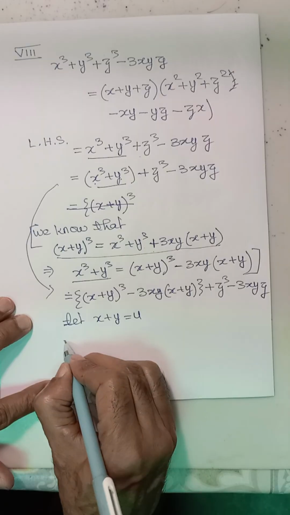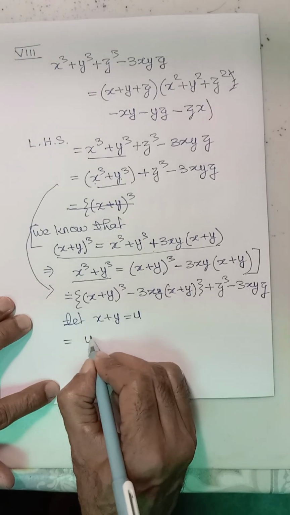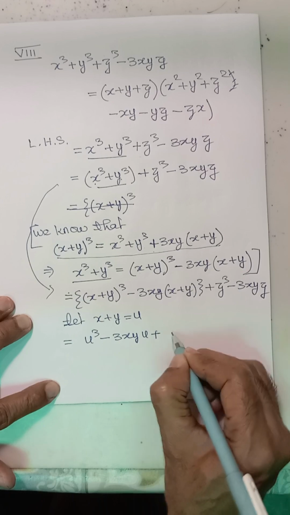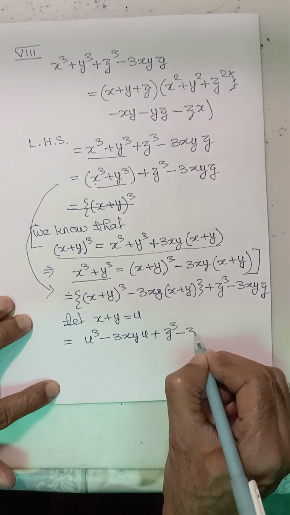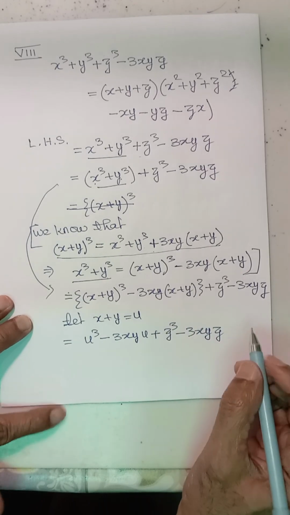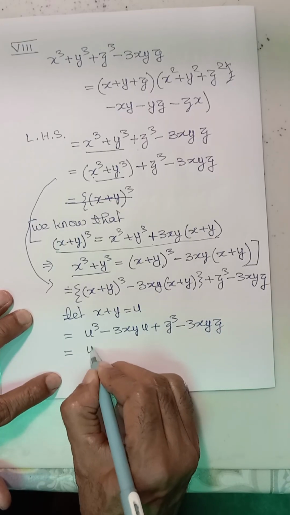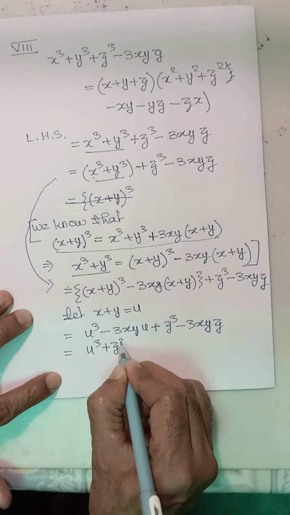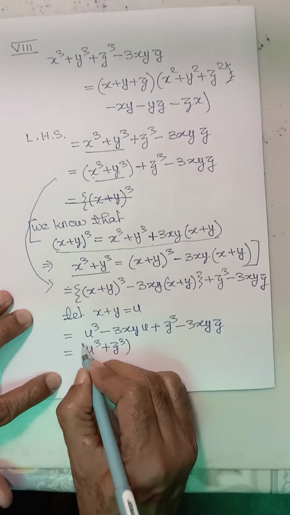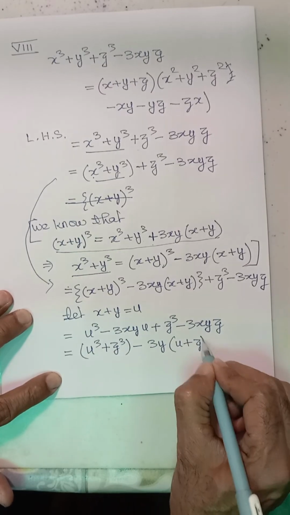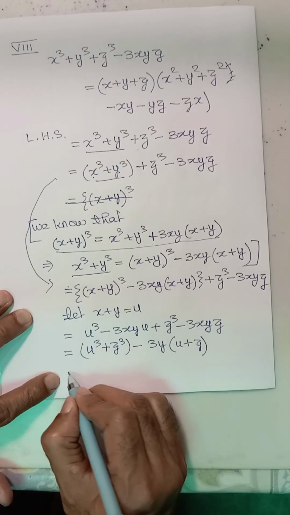So then this will be equal to u³ − 3xyu + z³ − 3xyz. This will be equal to u³ + z³ − 3xy(u + z).